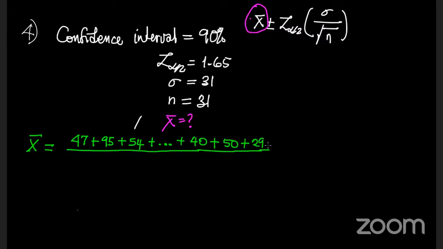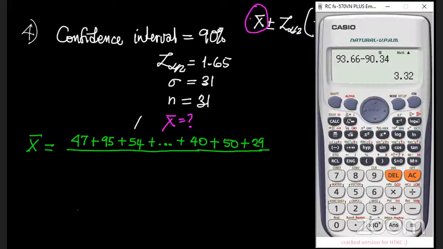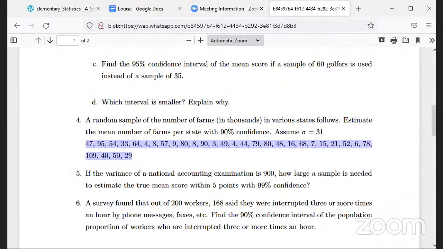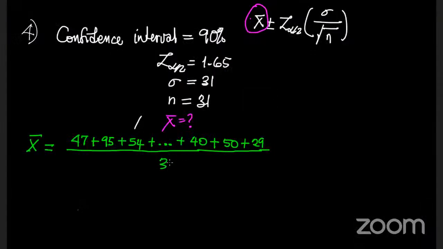We're summing up 47 up to 29 and dividing by 31. I had 1,347 divided by 31, which is approximately 43.5.